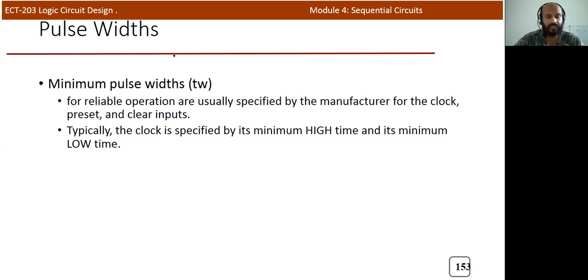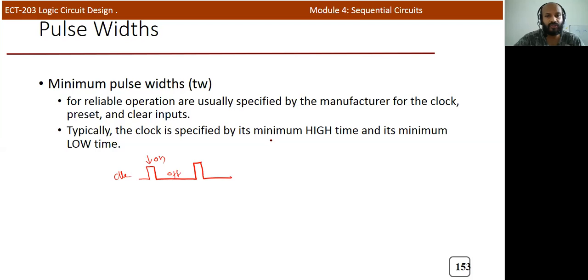Another one is the pulse width. Even if you are using a clock signal, sometimes you will apply a clock like this, but it's not a valid case. In the case of a flip-flop, the on time and the off time, or logic high and logic zero, of the clock signal should be maintained for a particular duration.